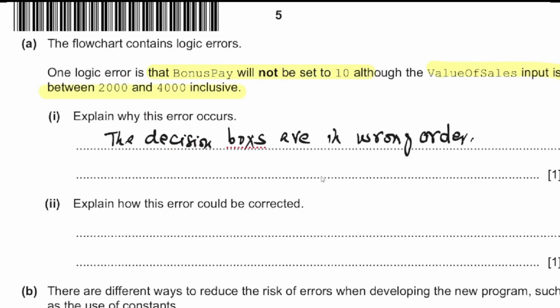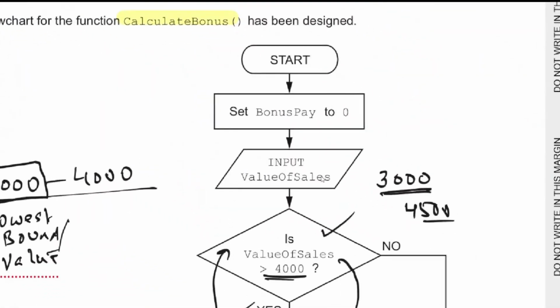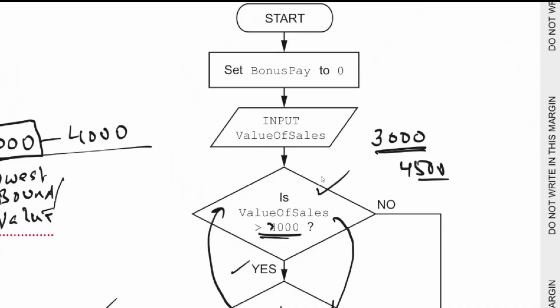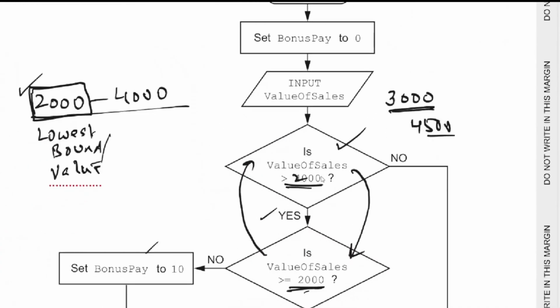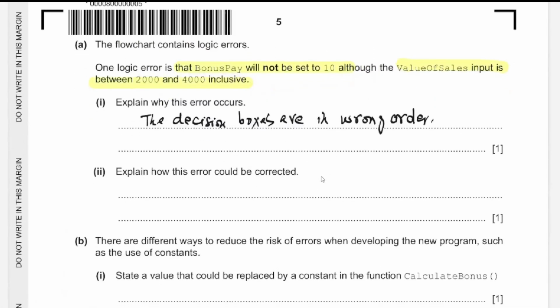So this means the first must be what is the correction? Correction is that instead of 4000, it must be 2000, and for value of sale it must be less than 4000. Actually, this is the correction that is needed over here. How could the error be corrected?